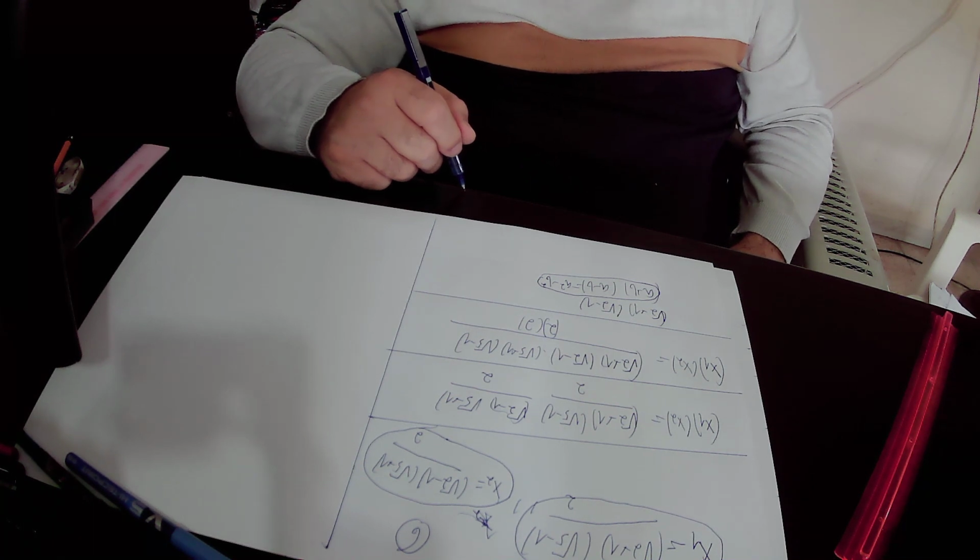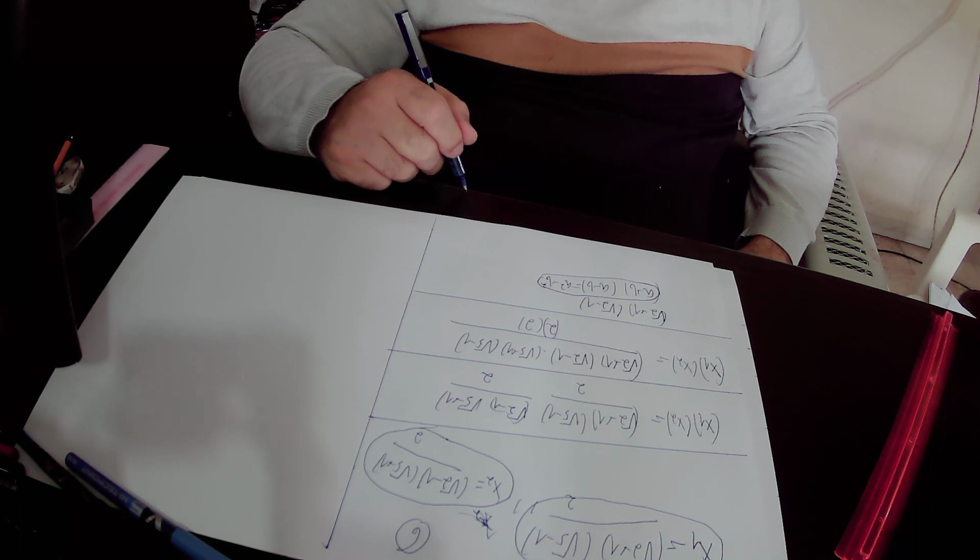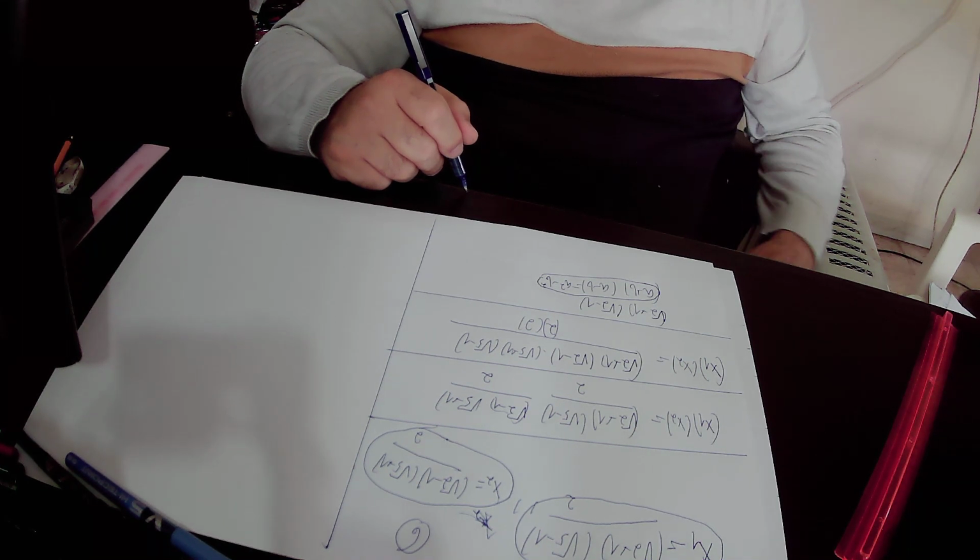So (square root of 2 plus 1) times (square root of 2 minus 1) is very similar to (a plus b) times (a minus b), and it must be equal to a squared minus b squared.